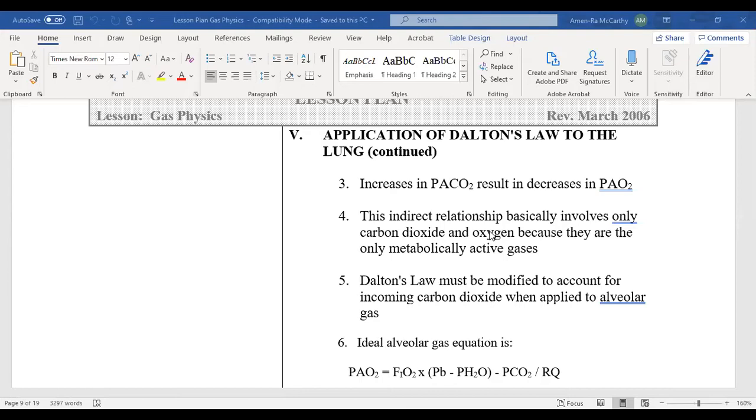So how is oxygen related to metabolism? Metabolism makes carbon dioxide. Good. So carbon dioxide is a byproduct of metabolism, right? All right. So what is the relationship of oxygen and metabolism?